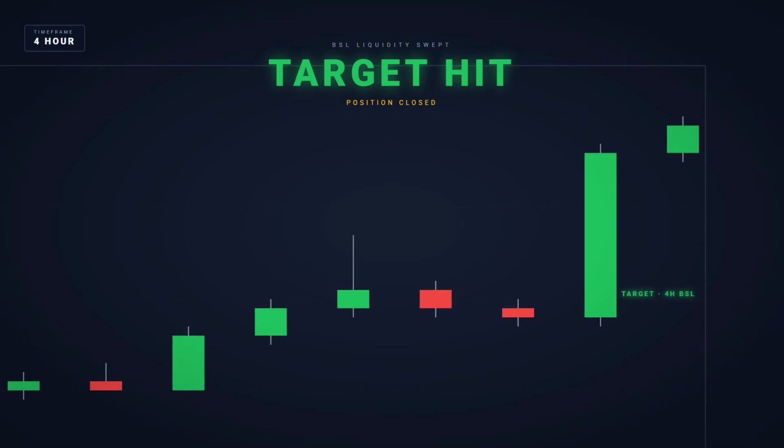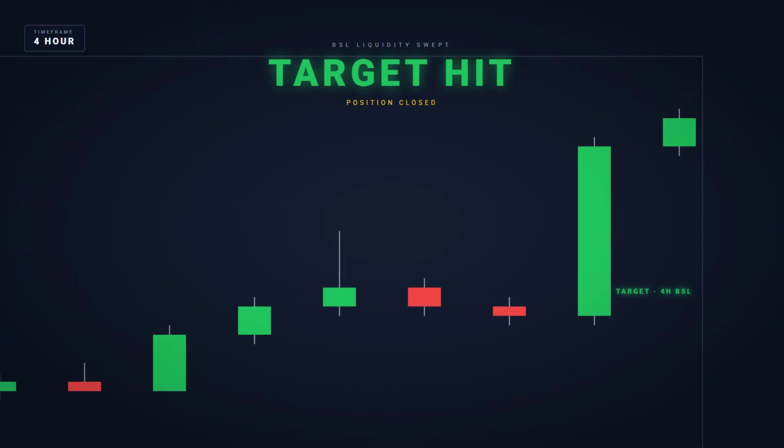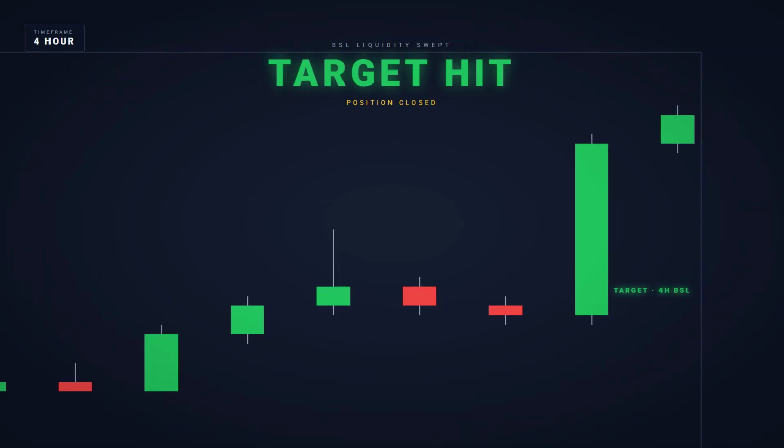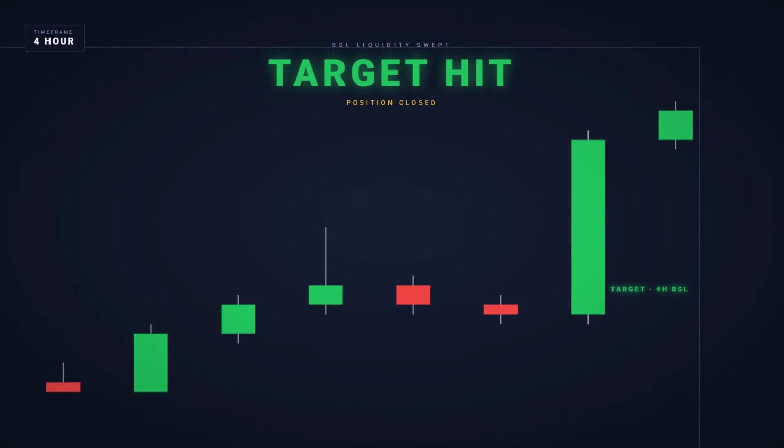That minor sweep of the previous high is the exit signal. Not because the move is necessarily over in the larger context, but because that's the point at which the trade has done what it was designed to do. The liquidity above the previous high was the target. It's been reached. The position is closed.